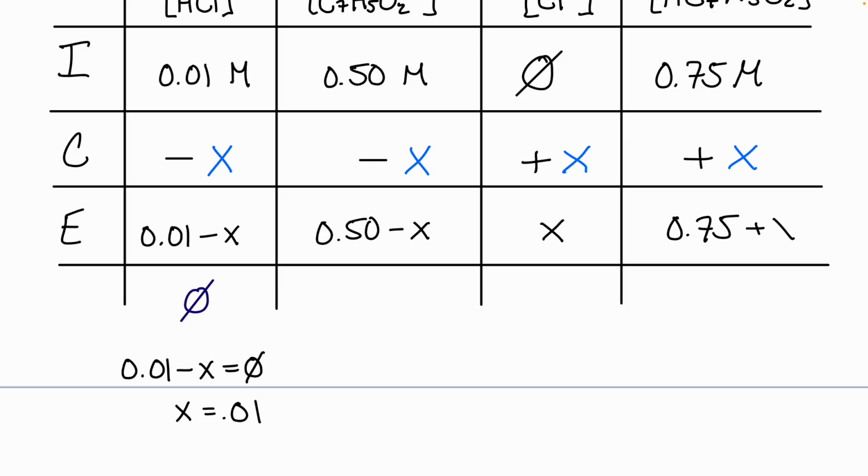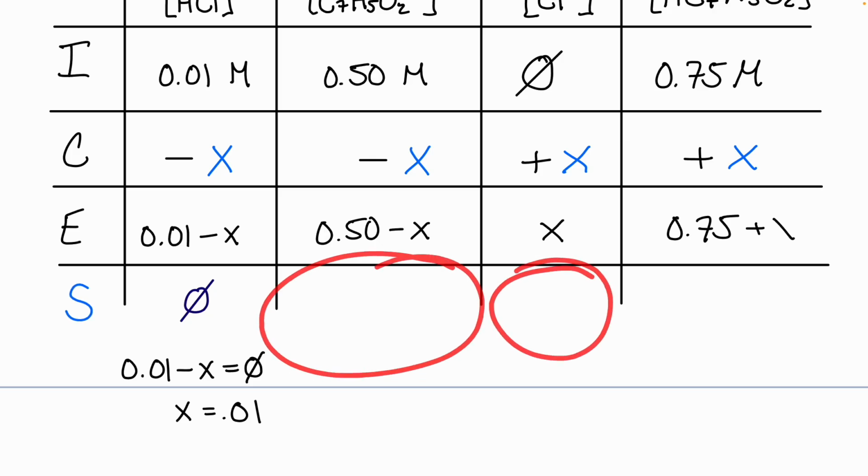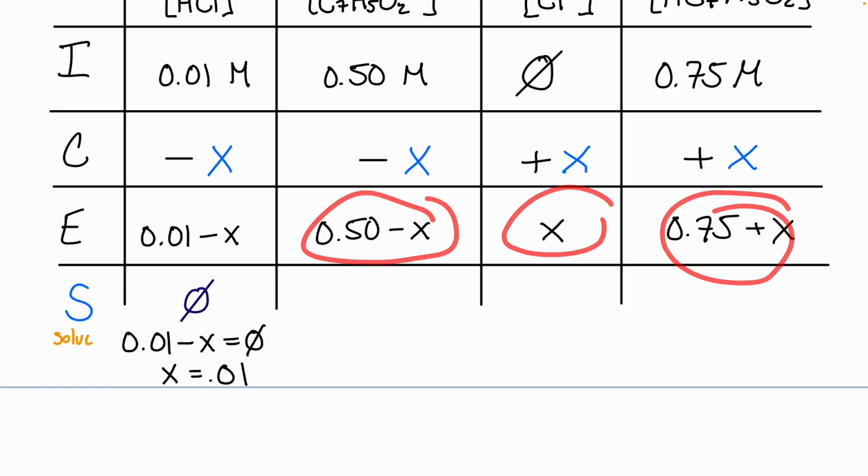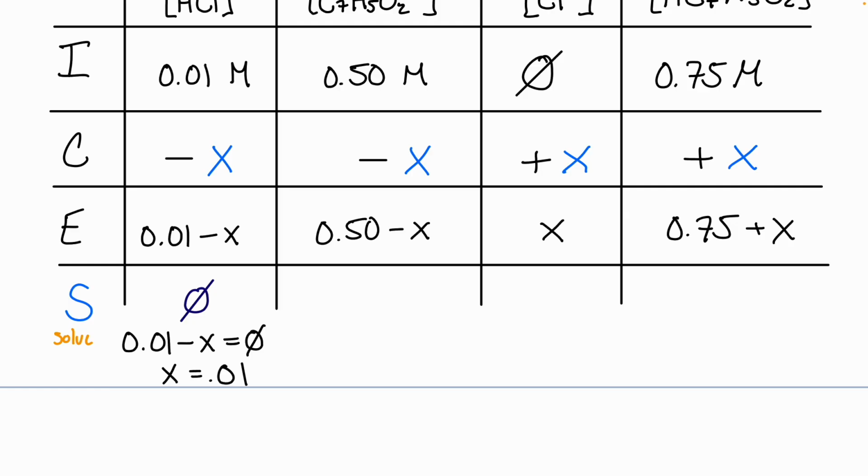So now we're going to make what I call an ICES table, where S is for solve, where you're going to solve that equilibrium box by plugging in the value of X. So I'm going to take my 0.5 and subtract that X value of 0.01, leaving me with a value of 0.49.